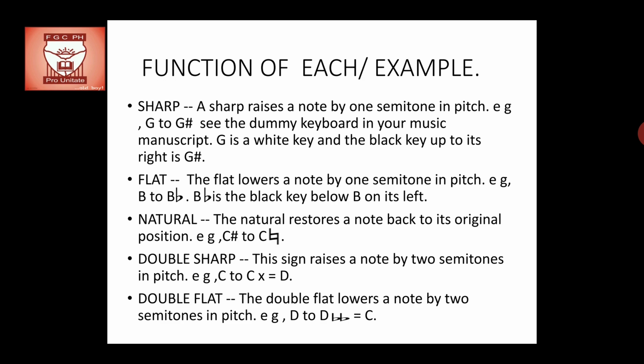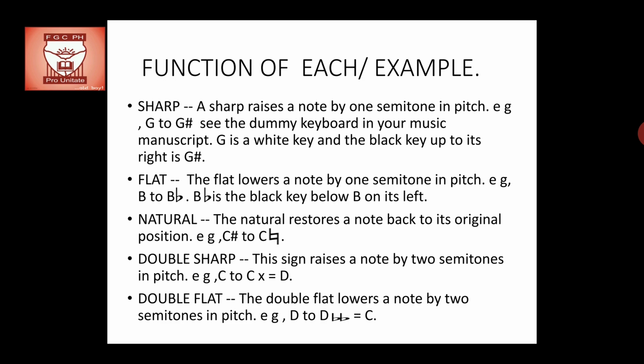Double flat. The double flat lowers a note by two semitones in pitch. Just like the double sharp has functioned, the double flat also will move us from D natural back. Remember, when you are lowering, you're moving to your left-hand side to the black keys. When you are raising, you're moving to the right-hand side to the black keys.